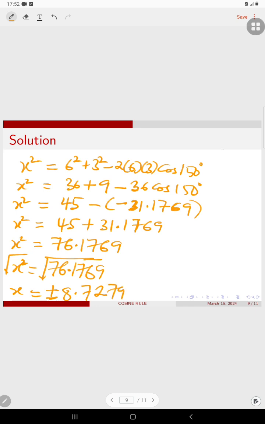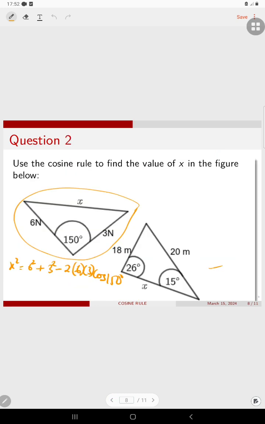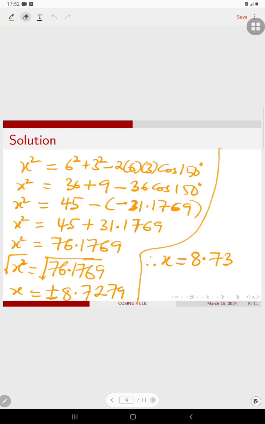I don't have to write all this one. That is the final answer. So in order to conclude, I will take the positive answer. X will be to 2 decimal places 8.73. And X is a side. The sides are named according to the question as newtons. So I'll write N.